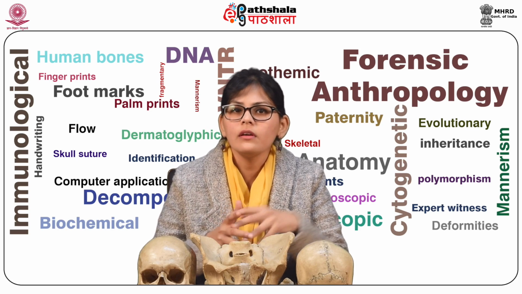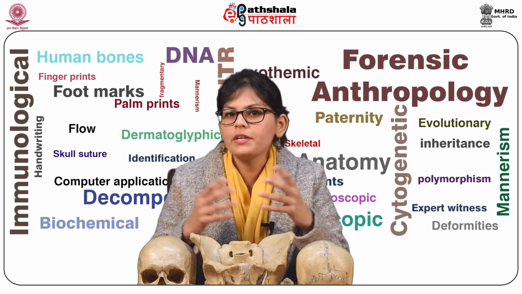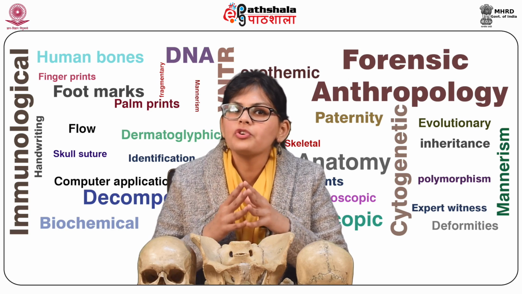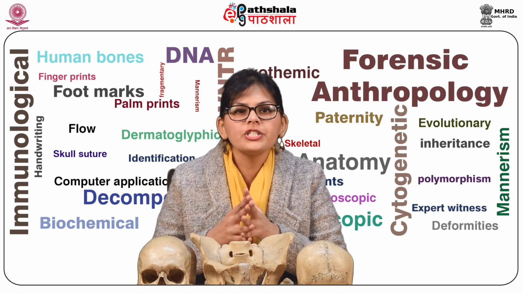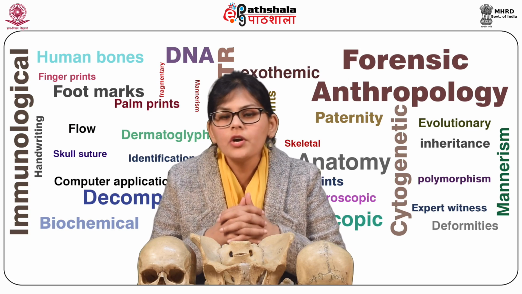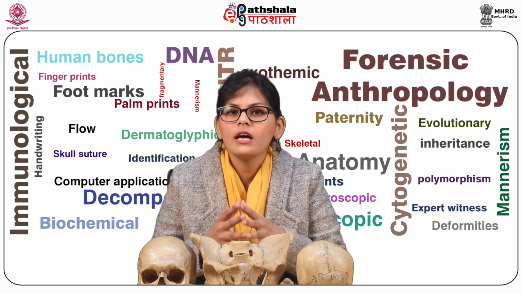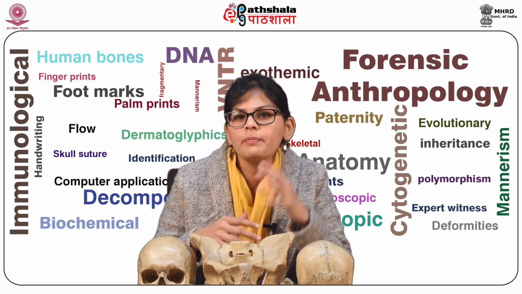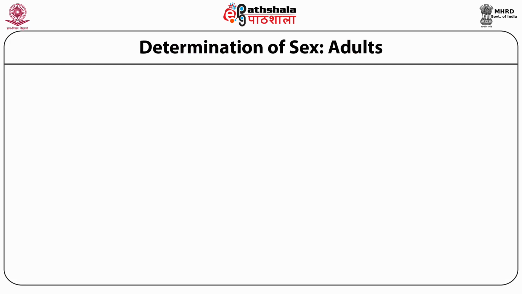In cases where commingled remains or fragmented remains left from an explosion are found, the preliminary step is to reconstruct the body of the individual for assignation of skeletal remains. Moreover, it is extremely important to assign each bone to its correct site and in the correct position within a skeletal sequence. Now I'll be talking about the determination of sex in adults.